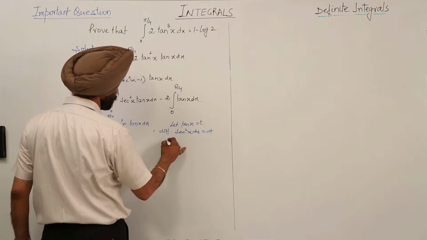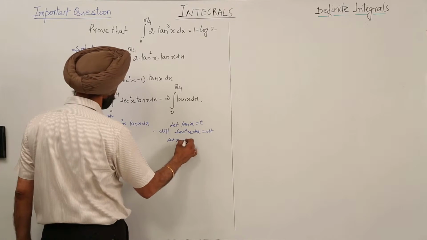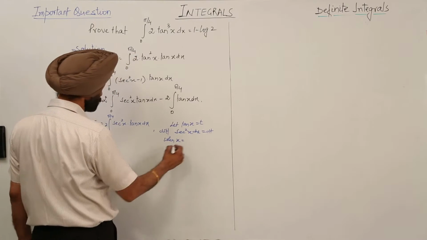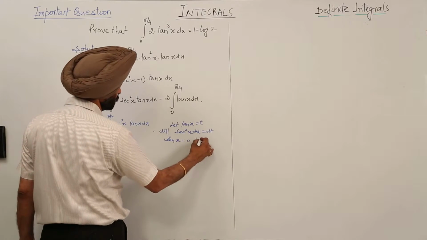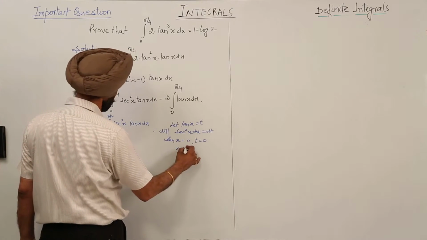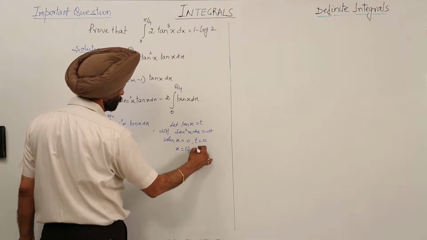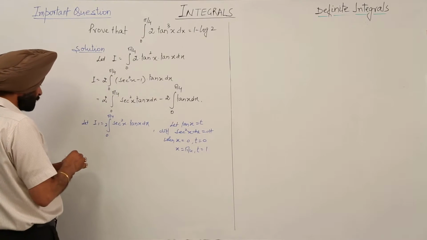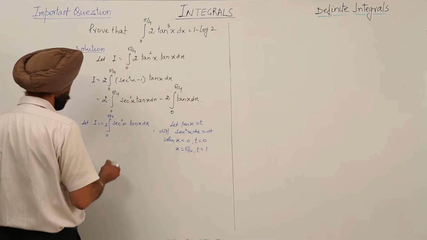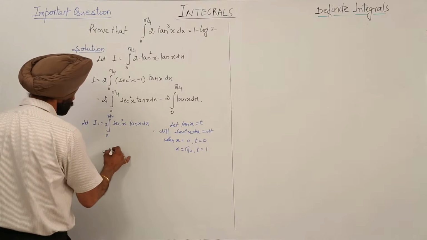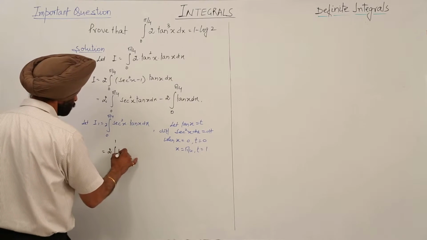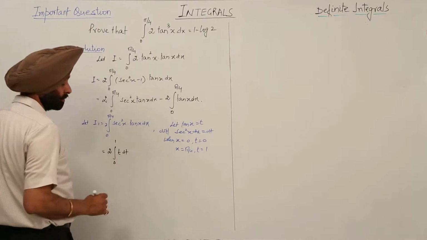Now when x is equal to 0, t is equal to 0, and when x is pi by 4, then t is equal to 1. Okay, so changing the limits, what we are having is 2 times the integral from 0 to 1 of t dt.